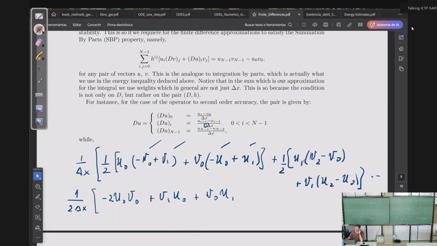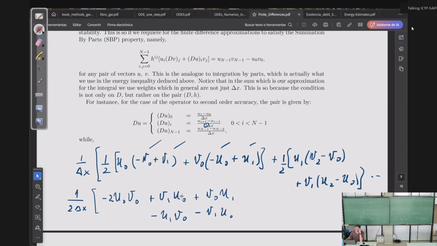And from here I will take only the first terms. The others will go okay, because when we did this for the periodic case, all the terms in the middle went away. So that we know is okay. So I just want to take these ones. And so here I have a minus U1 with B0, and here I have a minus B1 with U0.